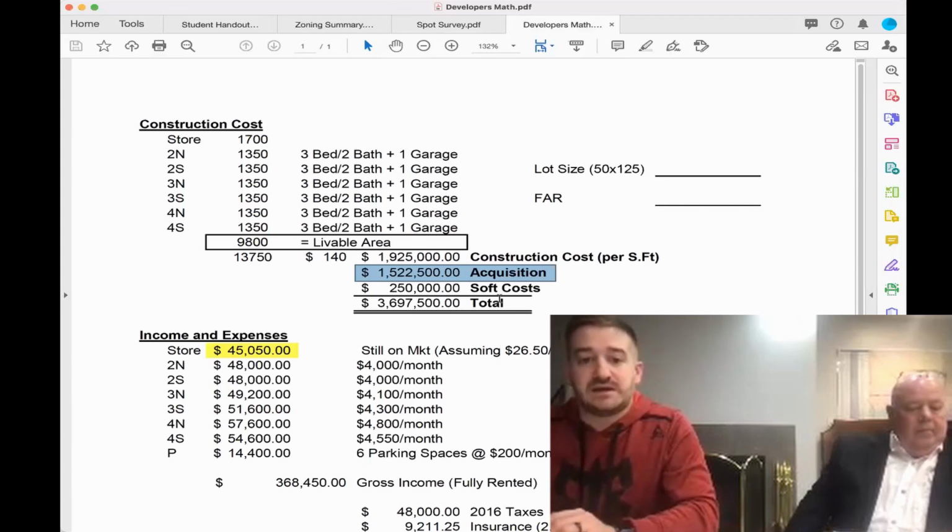Now, what did he pay per dwelling unit for the land?